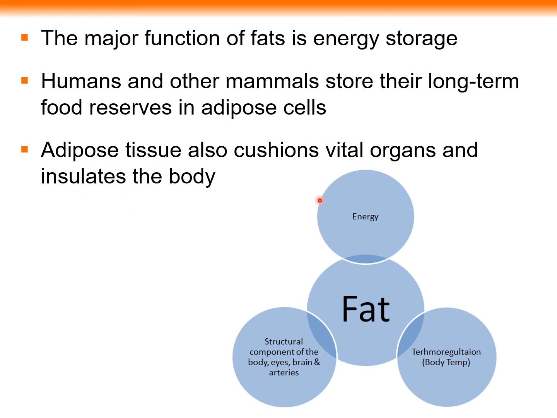While it is energy storage, it will also protect structures like brain tissue, which is made up with a lot of fat, eyes, arteries and so forth, from rubbing against other organs inside the body. So there's a very important protection role. Thermoregulation as well. There are certain types of what we call brown fats that are designed to generate heat when it's cold outside, and those vary if you live in a warmer or colder climate.